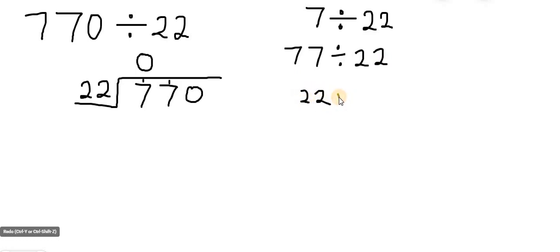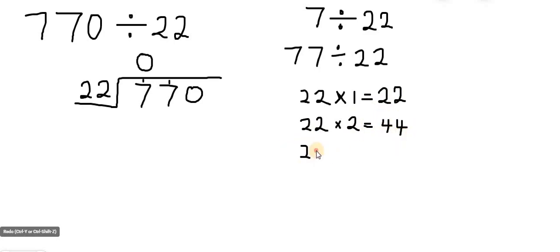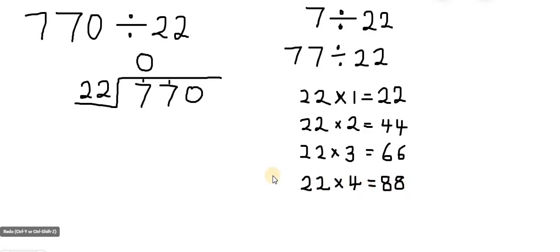Remember, you don't have to know the times table, just be able to create it. 22 times 1, the easiest, will remain 22. 22 times 2, for the answer column, just add another extra 22, so that makes 44. 22 times 3, add another 22, 66. 22 times 4, add another 22, makes 88.